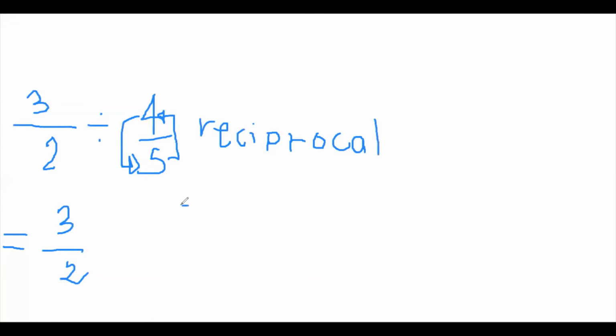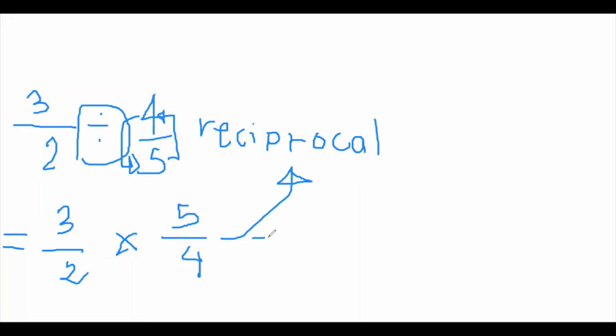So we have 5 over 4. After interchanging the positions, we should change the operation to multiplication. That is very easy.